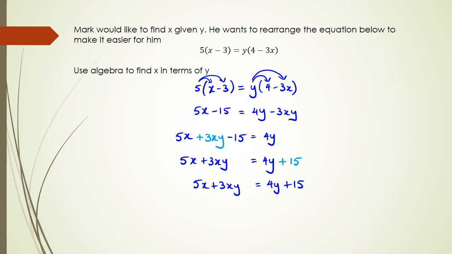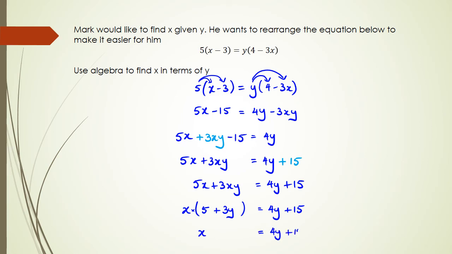So what I can do is take x as a common factor outside and have something inside the bracket. So x times 5 would be 5x, and then x times 3y would be 3xy. Now, because x is being multiplied with whatever is inside the bracket, I can take whatever's inside the bracket and bring it to the other side.